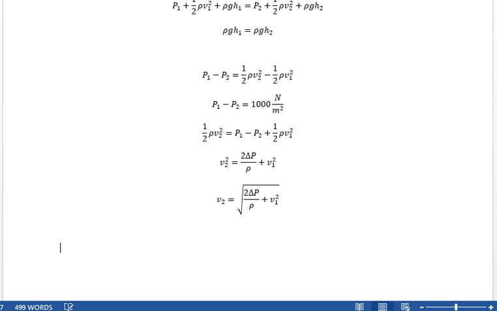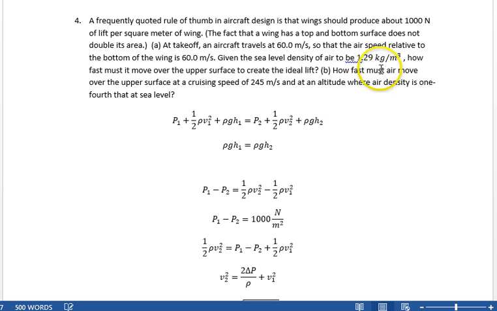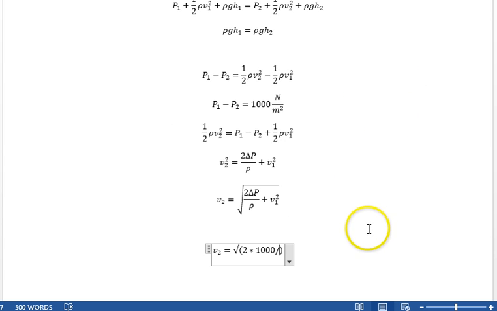All right, so how do we calculate this? V2 equals the square root of 2 times 1,000 divided by 1.29 kilograms per cubic meter.